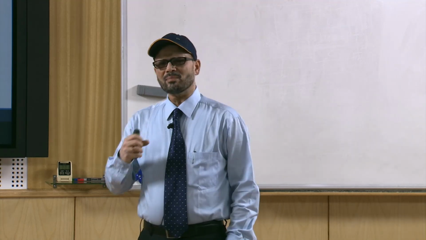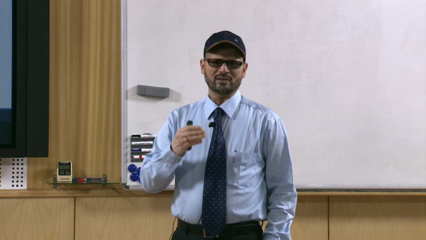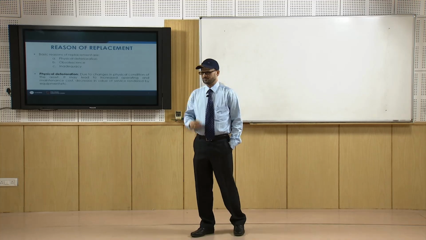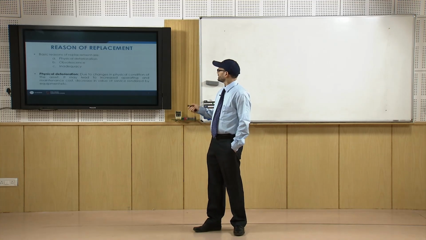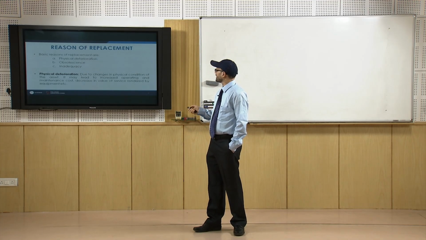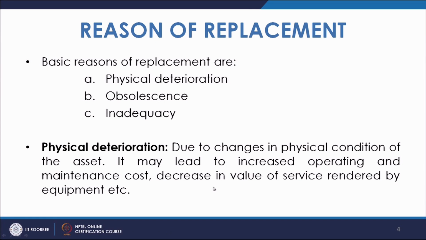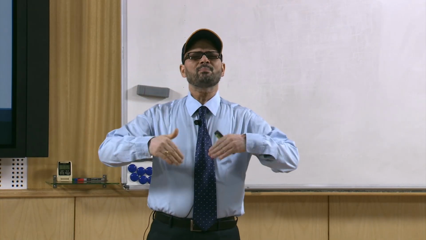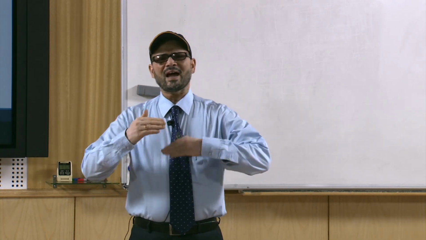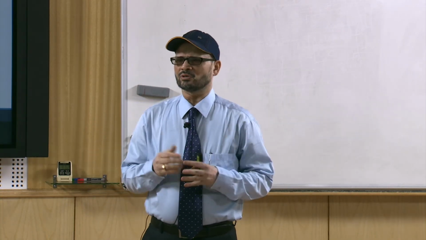Now, we will talk about the reasons for replacement, why we need to replace. Now, the reasons are basically physical deterioration, obsolescence and inadequacy. So, physical deterioration is because of the changes in physical condition of the asset. So, basically some of the moving parts of the equipment are rubbing against each other continuously.